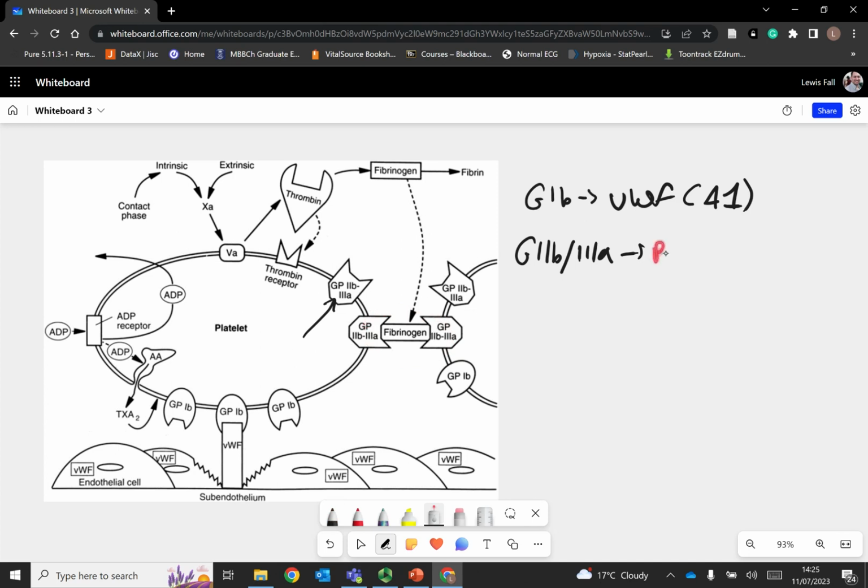Okay. Whoa, hang on. Let's change my pen back. Platelet to platelet. Right. Now, we've got another one that we're not showing on this diagram, so we're going to have to draw it in.